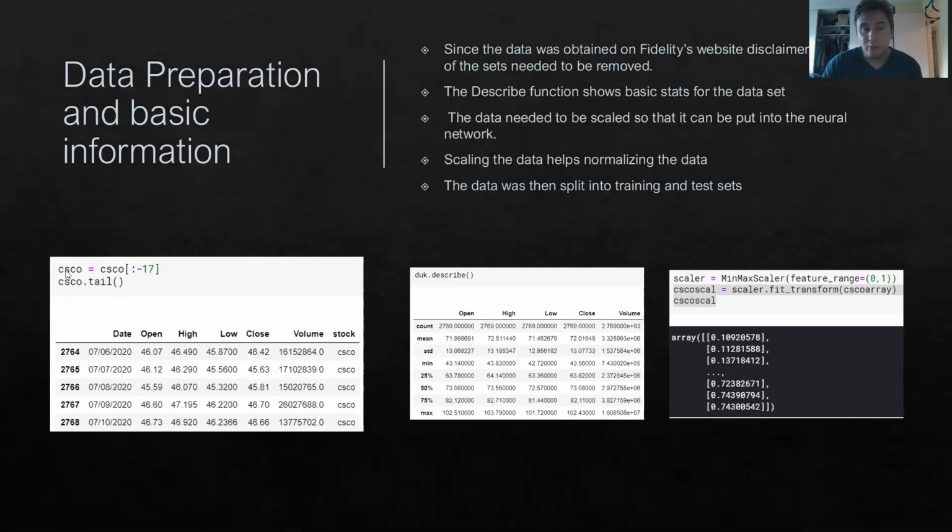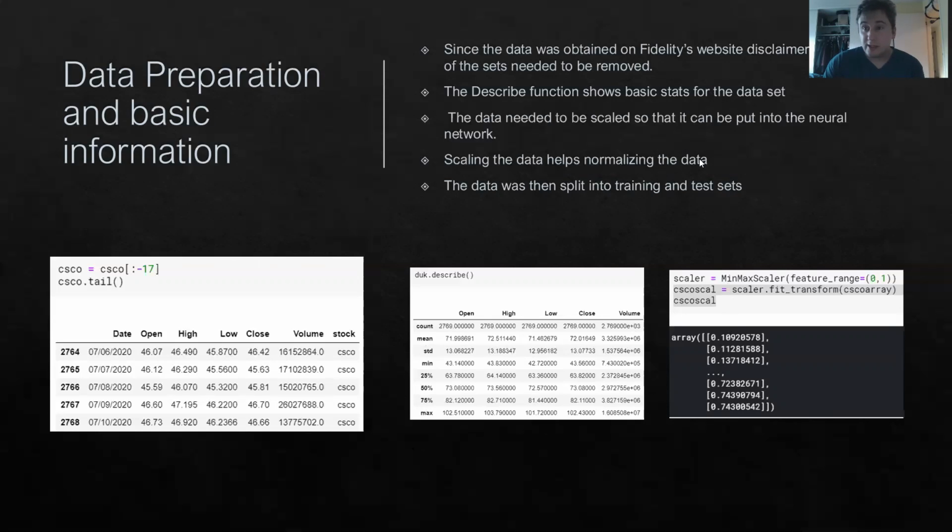I also added the stock symbol to each one of the stocks that I've been analyzing, and then I printed the tail to see that I had gotten rid of all of that extra data. I also took a quick look at how the basic statistics for the stock were described. We can see the mean, the standard deviation, the min, the max, and then the quartiles.